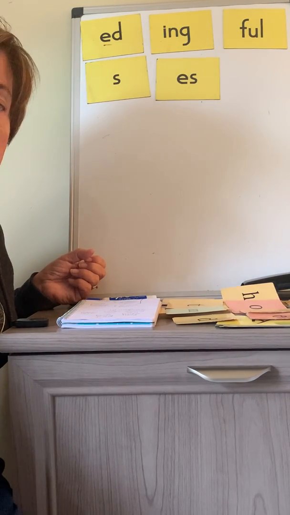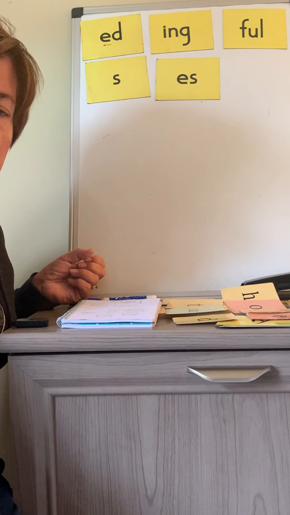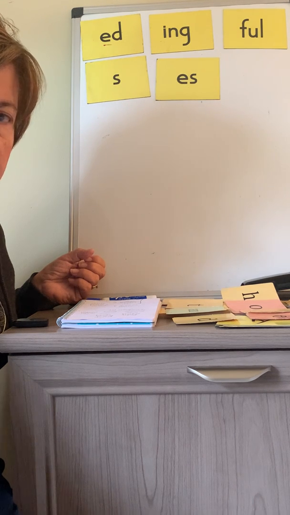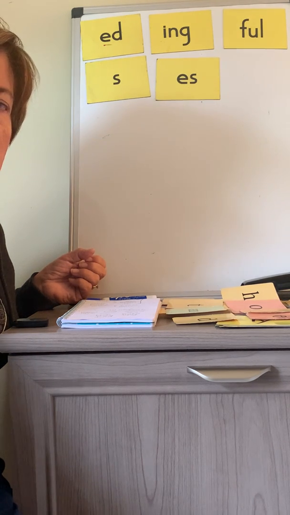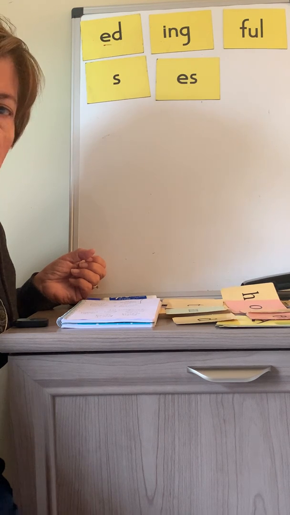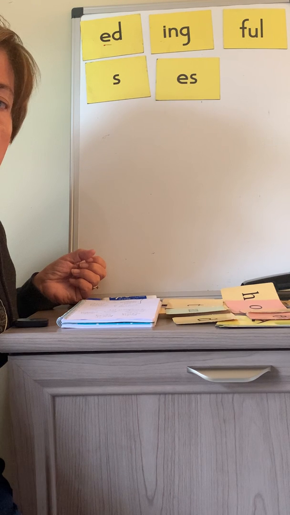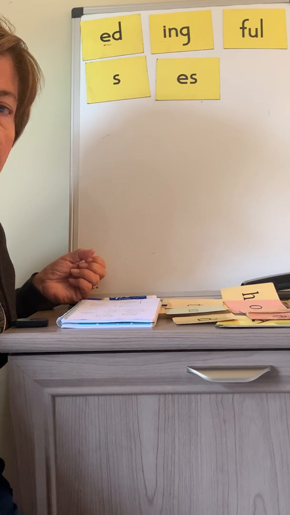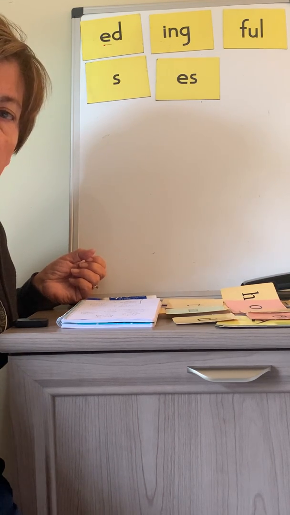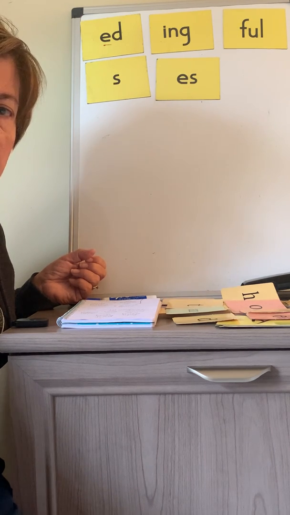If I wanted to make it standing, I'd ask myself, does this word have a suffix? Yes, it does. If it has a suffix, what is the base word? The base word is stand. So I'm only going to build the base word. Remember, always tap the base word, never tap the suffix. Always tap the base word, tap it every time.